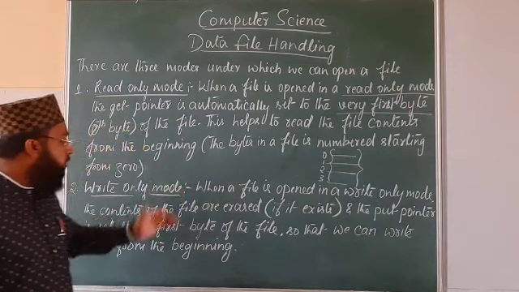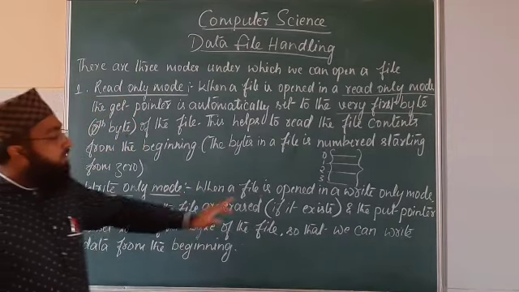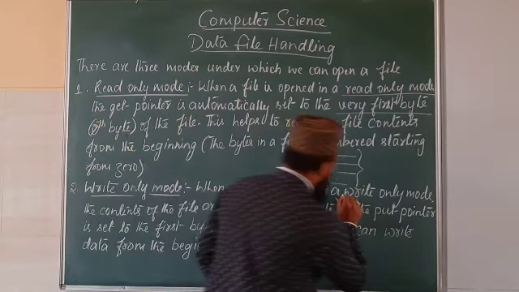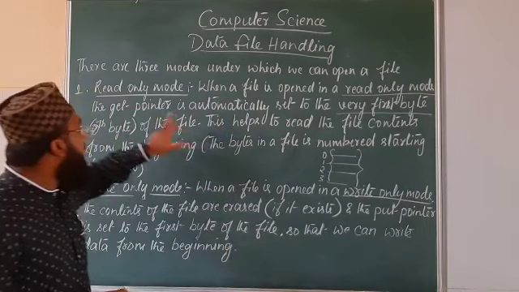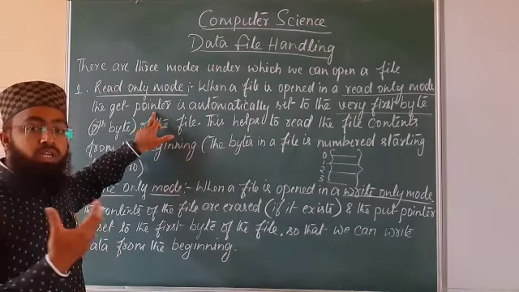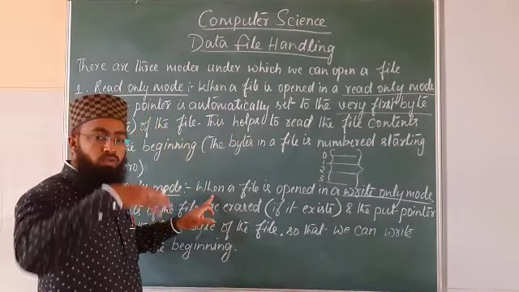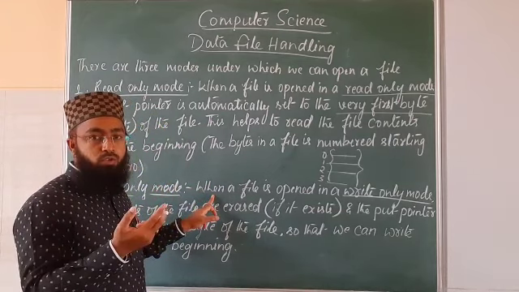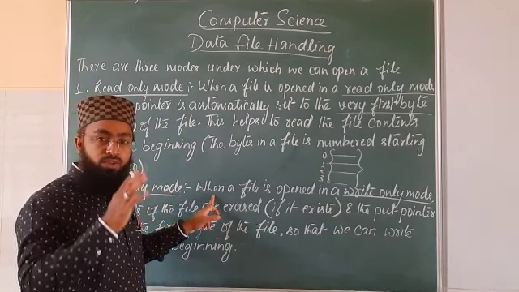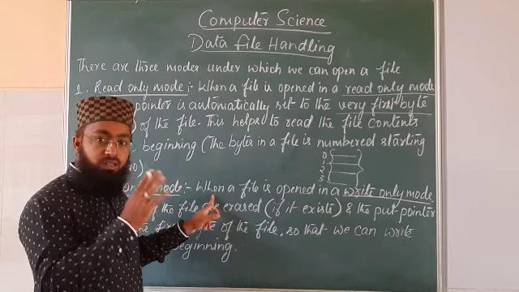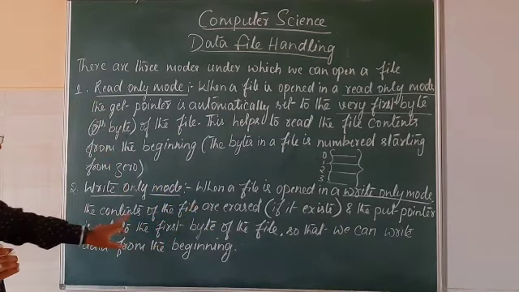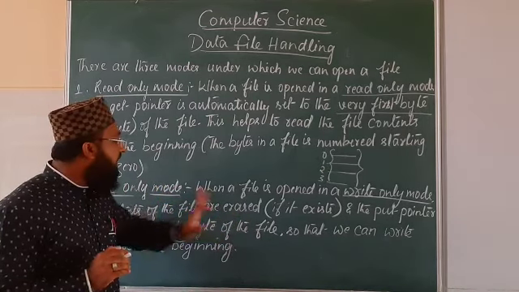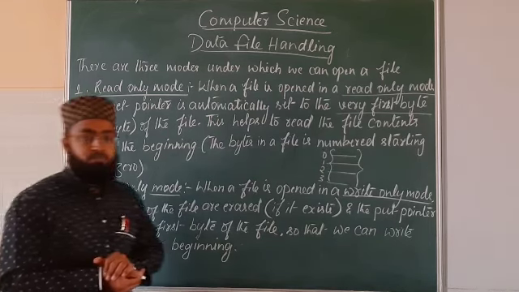Next, come to the write only mode. When a file is opened in write only mode, the get pointer is for reading; here for writing we will not use it, but it will take the put pointer. See, the contents of the file are erased here.